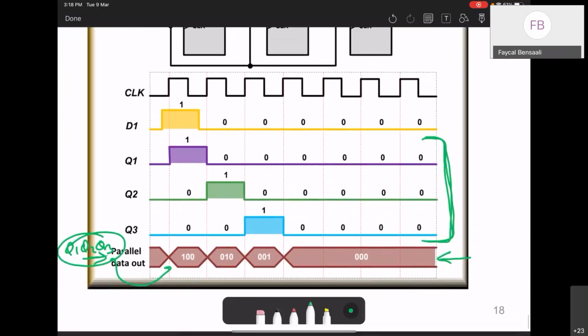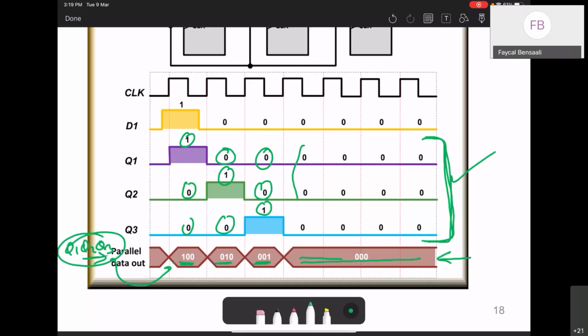So 3 outputs together as a bus. And if you observe, this is from the previous slide, and now we have an extra output which puts them together. We have 1 0 0, then the next is 0 1 0, and then 0 0 1, and then the rest is 0. As you can see, for all of them, it stays 0. Do you see this one here with parallel output?